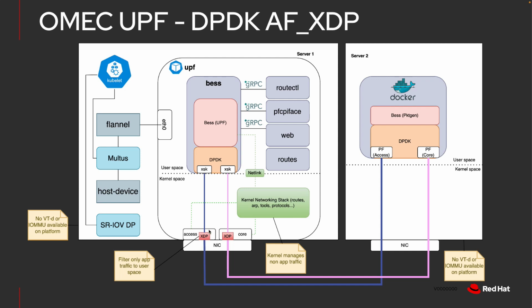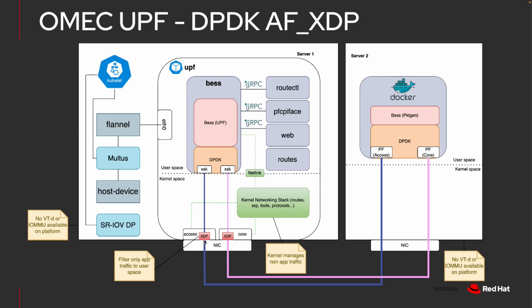So the first major difference that we're going to notice here is the fact that the driver used is going to be the Linux-based driver. An XDP program is going to be installed on each one of the netdevs that we are attaching to the UPF.